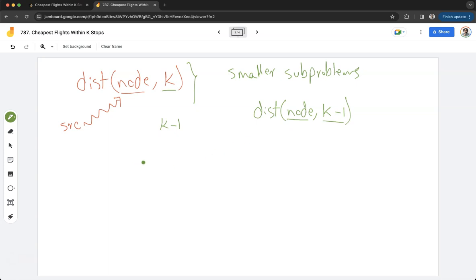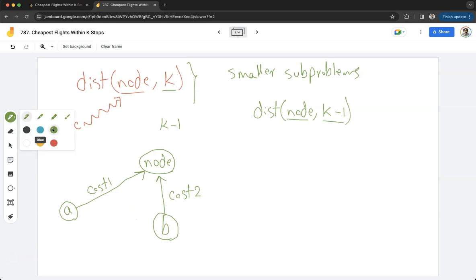Let's say we have node here. Let's take a look at the graph. And then we have edges from A to node. This is a direct edge with cost 1. And we have B to node with cost 2. Okay. So again, if you want to think recursively in this case, you can say, hey, I want to arrive at node with at most k stops.